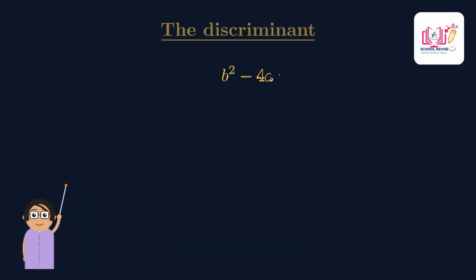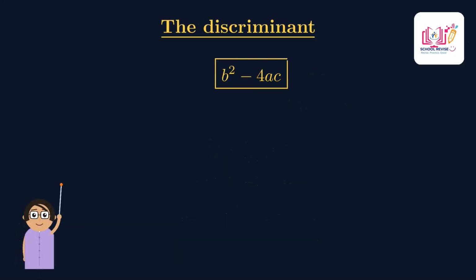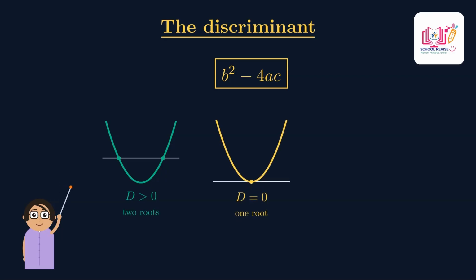Now here's the clever part. See that piece under the square root, b squared minus 4ac. It has a name, the discriminant. And on its own, before you finish solving, it tells you the whole story. If it's positive, the square root is real and you get two different answers, the parabola cuts the axis in two places.